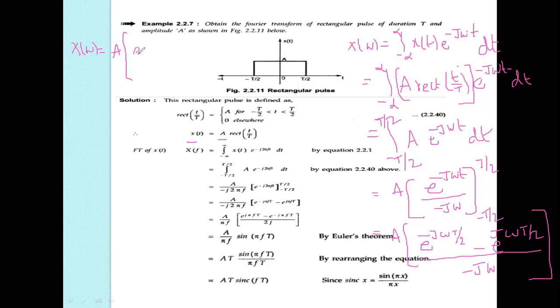So minus e power j omega T by 2 becomes plus e power minus j omega T by 2 minus e power j omega T by 2, whole divided by j omega.